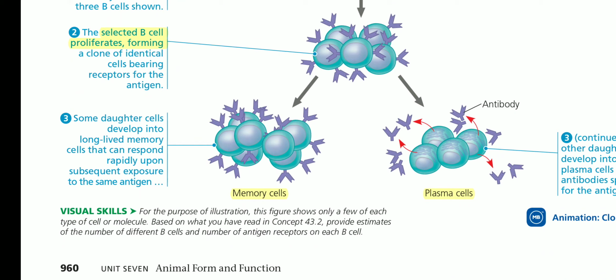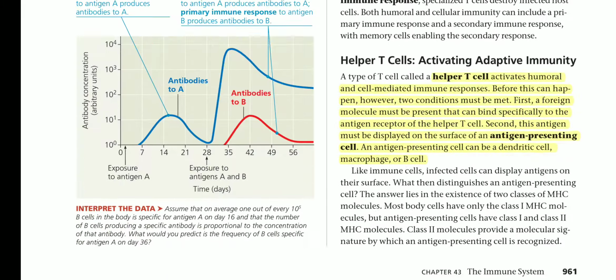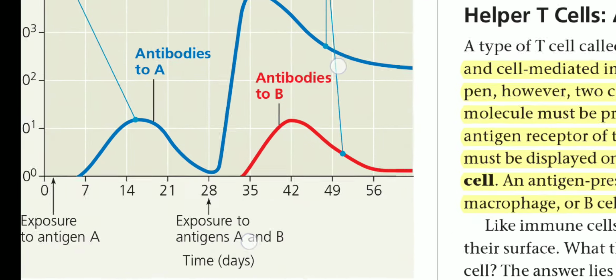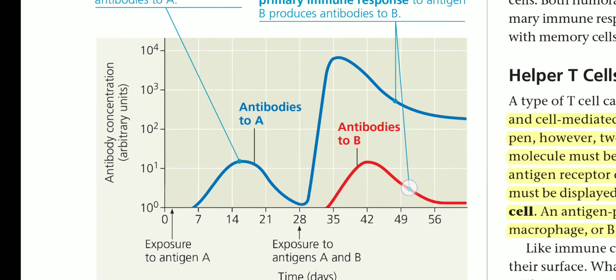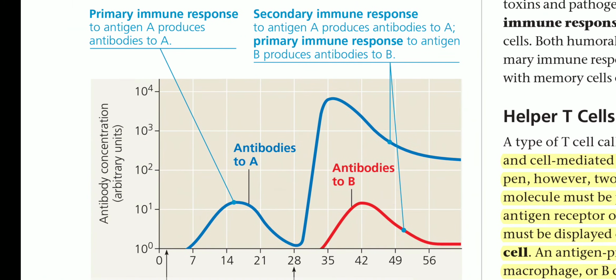One is the plasma cells, which continue releasing those antibodies. Another one is the memory cells, which will store those differentiated cells for the next secondary exposure. There must be a graph. Yes, this is a graph. You can see here, on exposure to that antigen A, it's an immediate action.